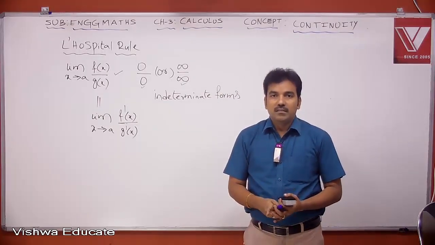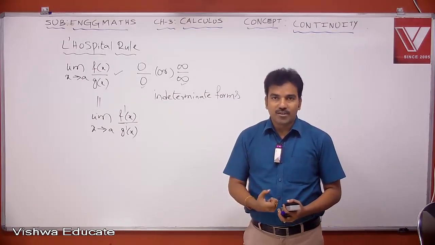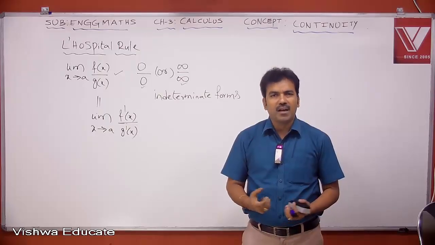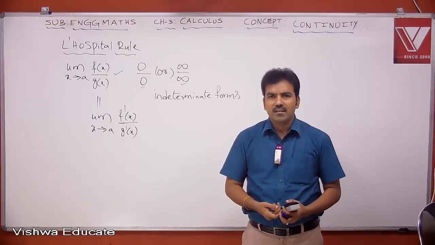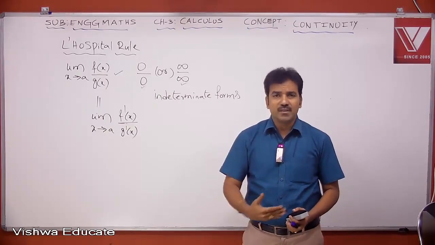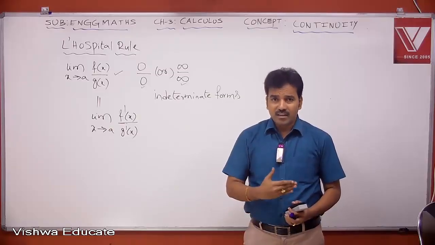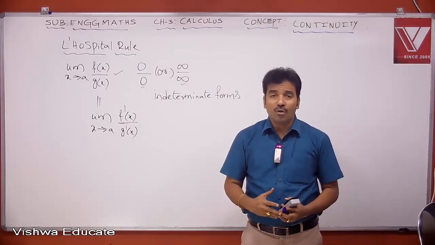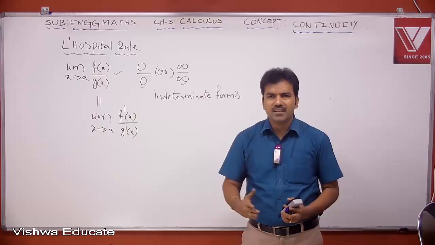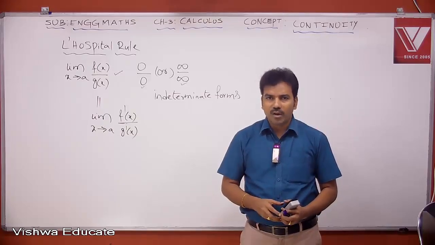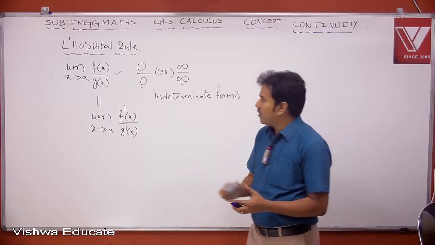Right? Even if it takes again 0 by 0 or infinity by infinity, apply L'Hospital rule once again. So you repeat this process as many times as you can. When you are continuously getting 0 by 0 or infinity by infinity, after some stage you will get some finite value. Okay. Now let us start with some examples.